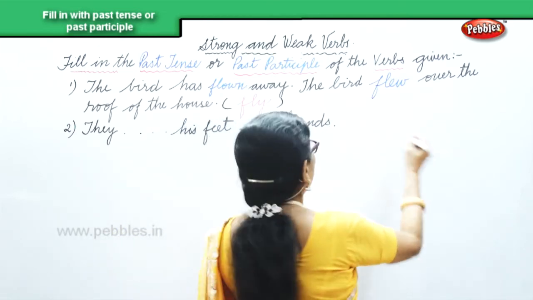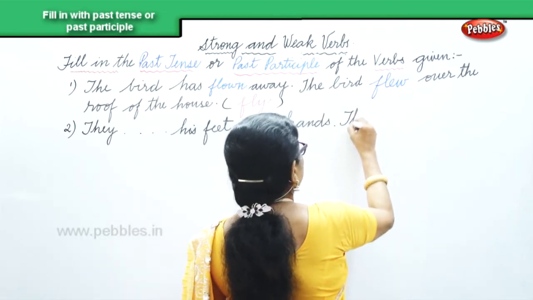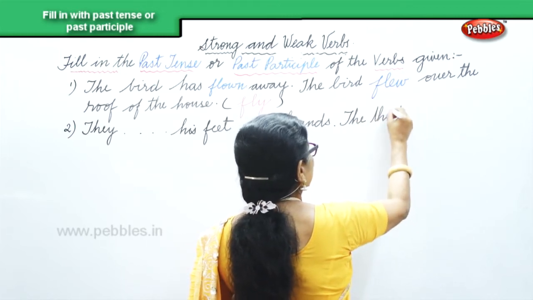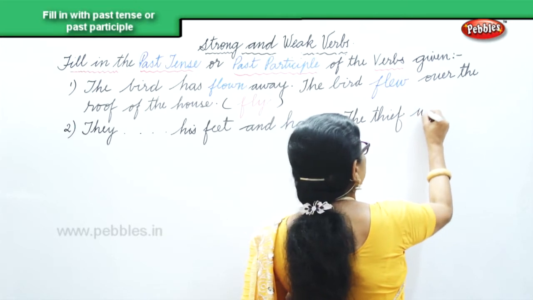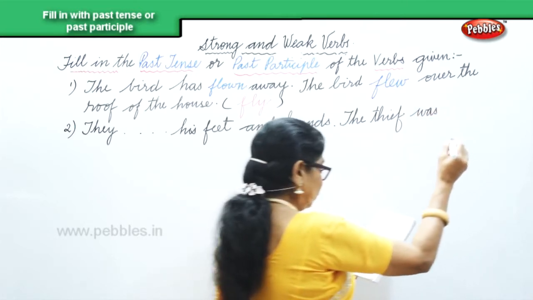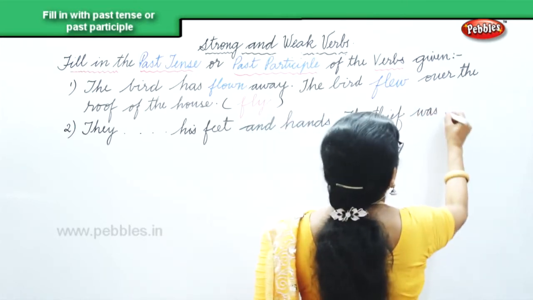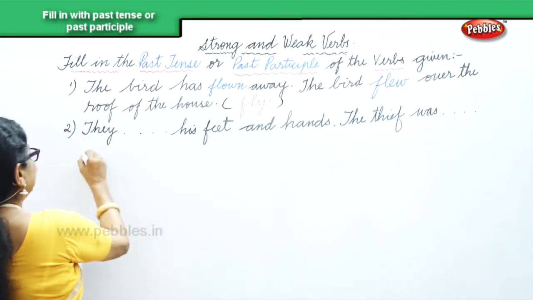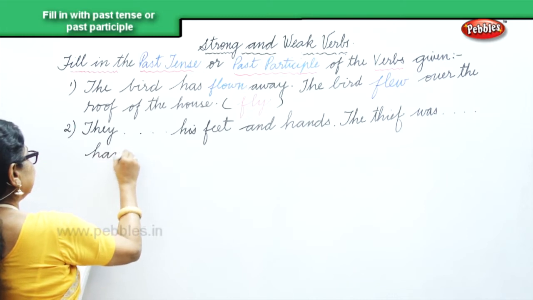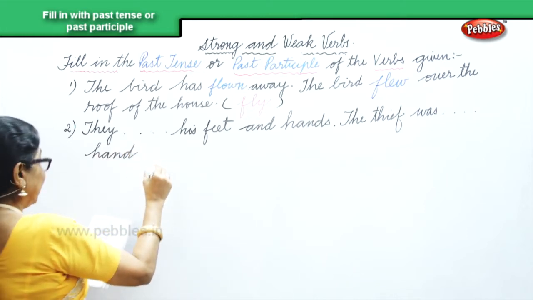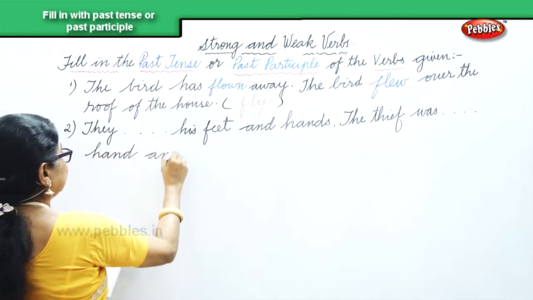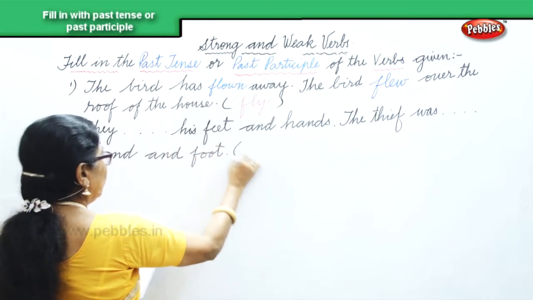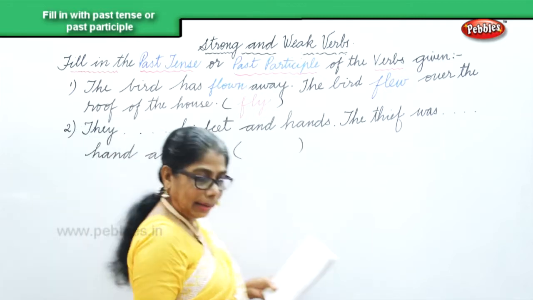The thief was dash hand and foot. And you're given a verb in the bracket.